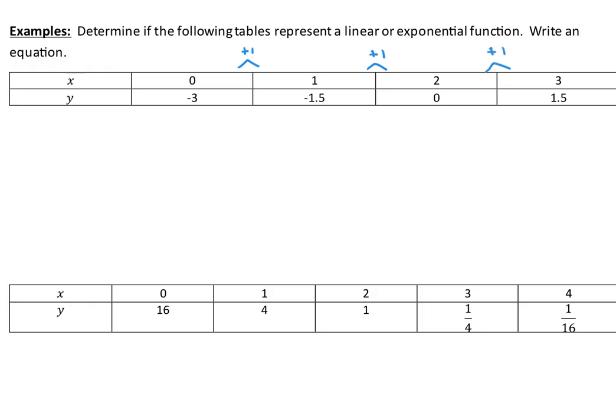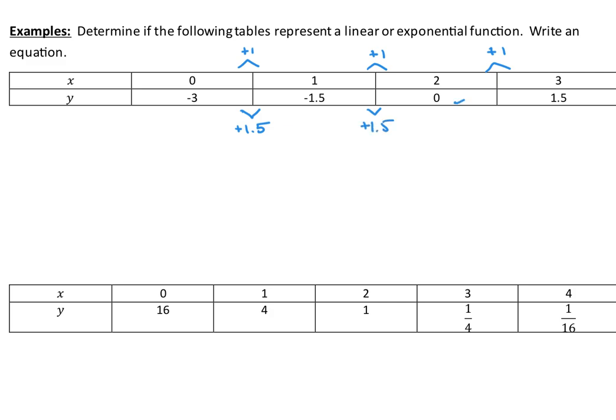And we want to know, what are we doing with the y's? To start off with, how do we get from -3 to -1.5? We are adding 1.5. And we want to make sure that we do this all the way across the board. So if we do -1.5 plus 1.5, do we get 0?